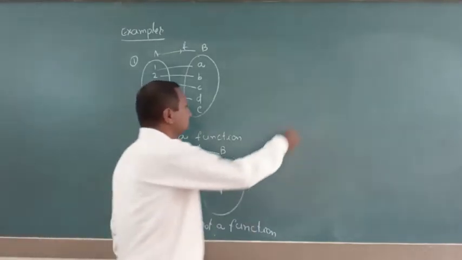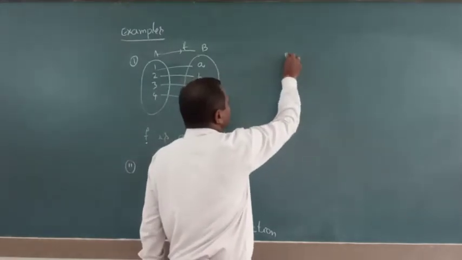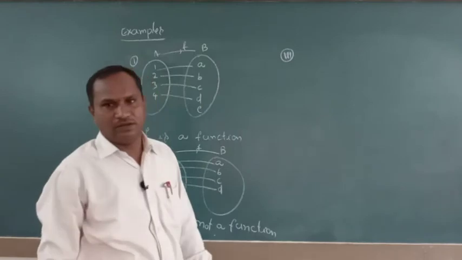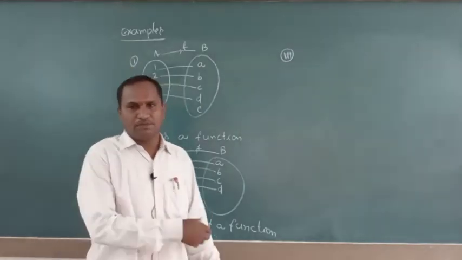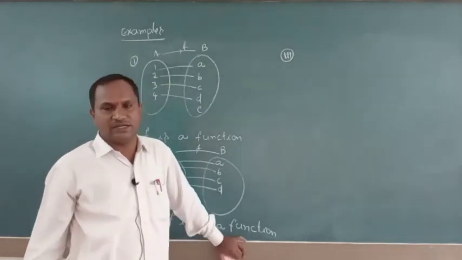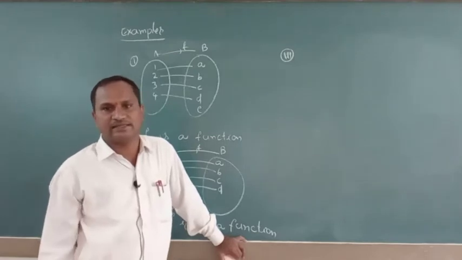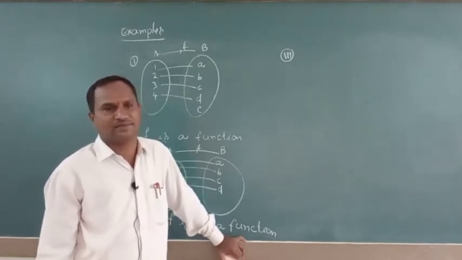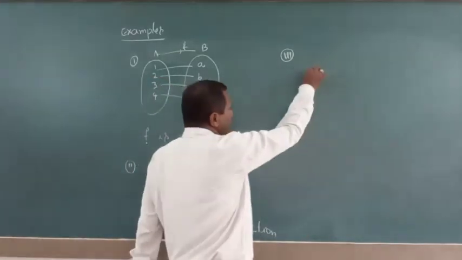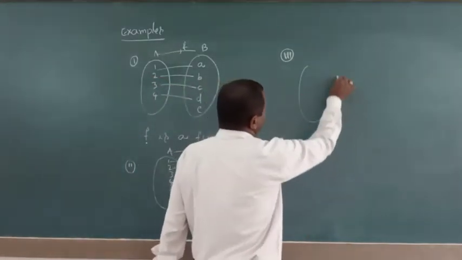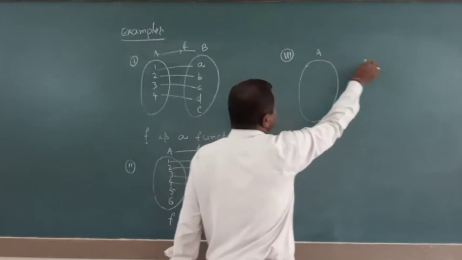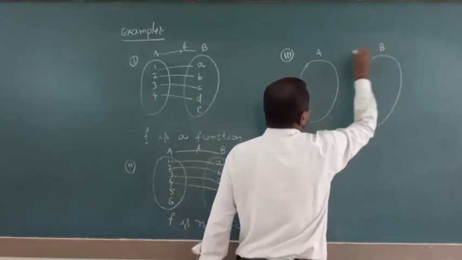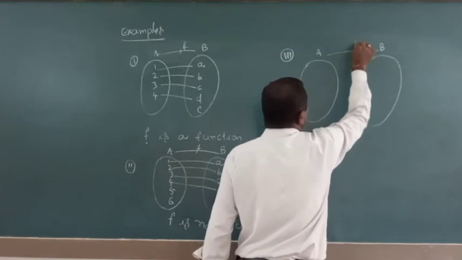Next, the third one also. By giving this example, and at the same time by taking diagrammatical representations, easily we can analyze and understand about the functions very easily here. Say here, it is set A and it is set B. A to B is one function.